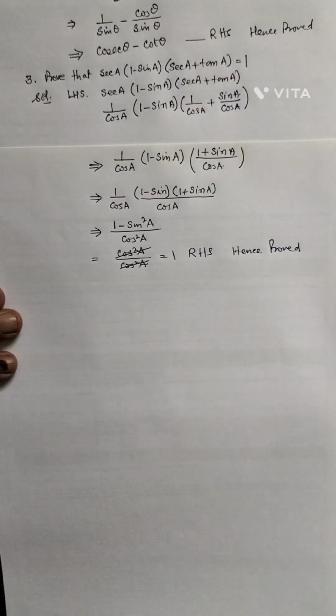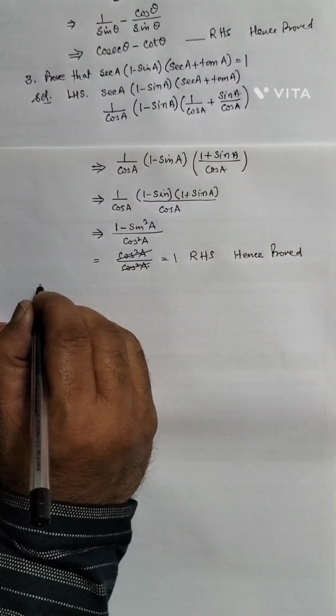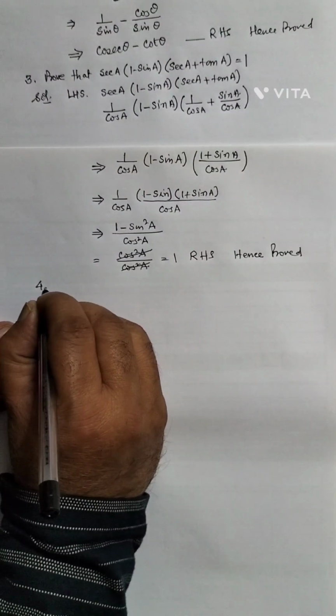Let's quickly take another important identity. This is question number 4.